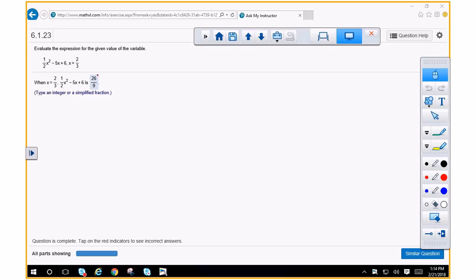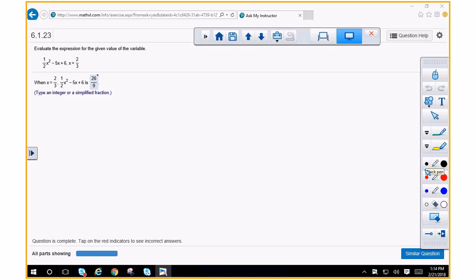Look right quick and see if it's not in the notes. It's kind of the same one, but it's different numbers. Like the 6 was a 7. Okay, I'll do it right quick.